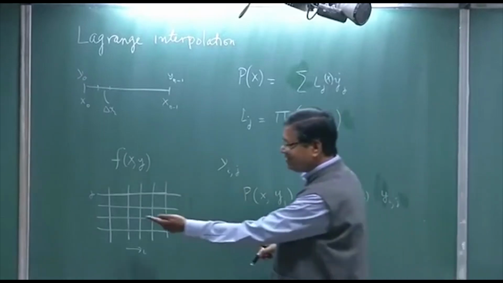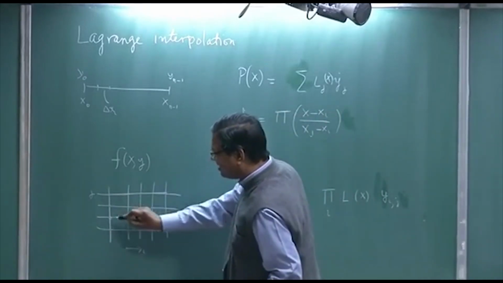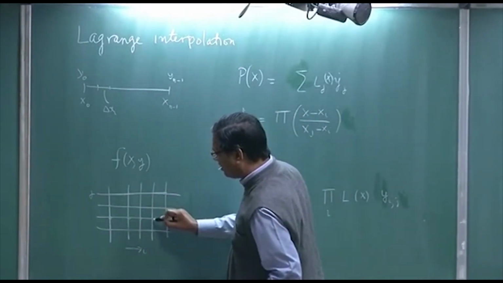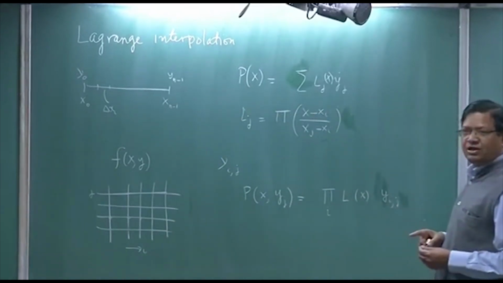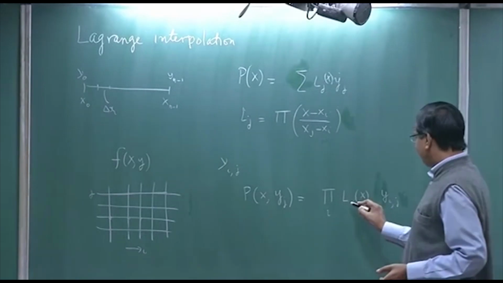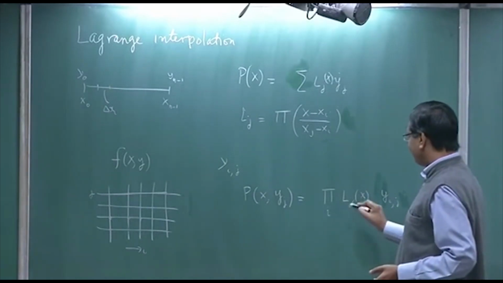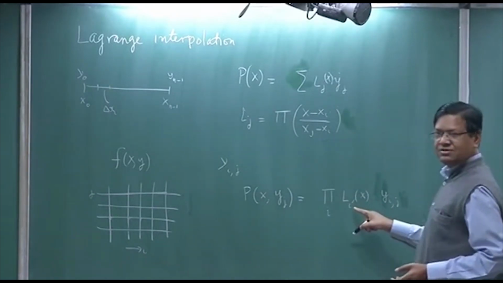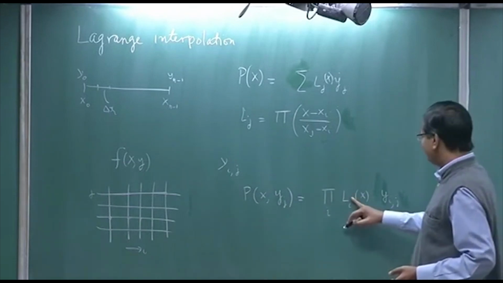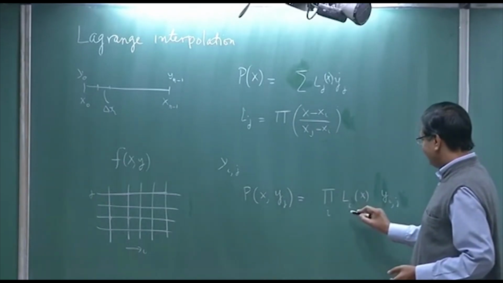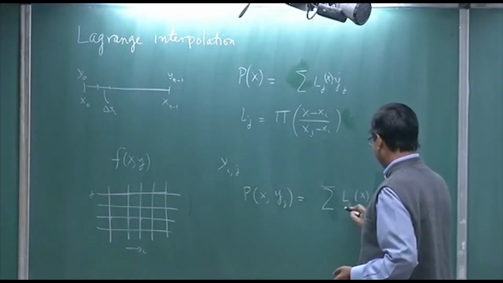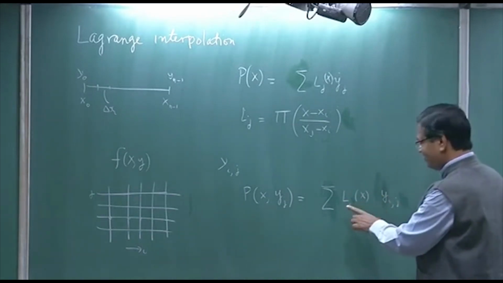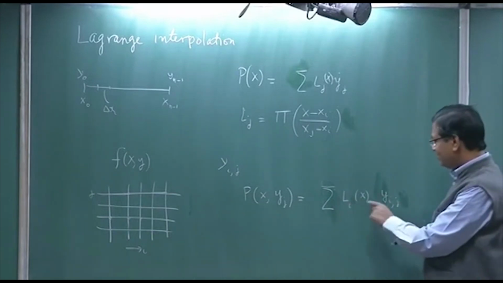So I am basically fixing i equal to 0, i equal to 1, i equal to 2, going down like this. Right now this is a sum, no product. So this is a sum over i.